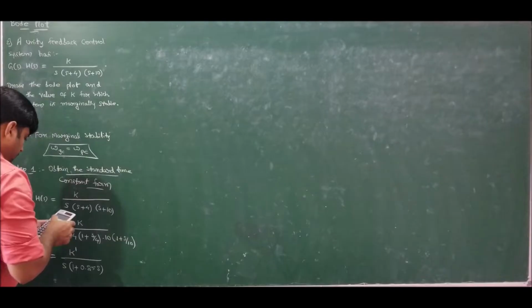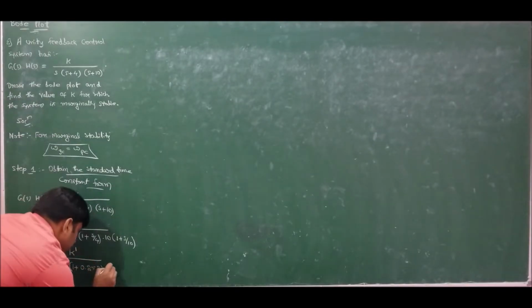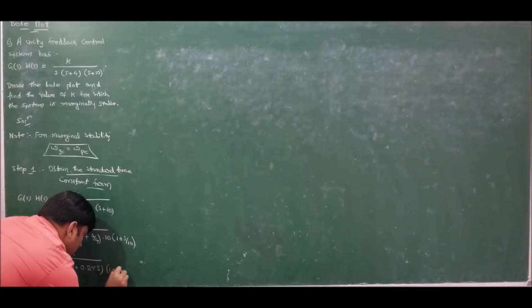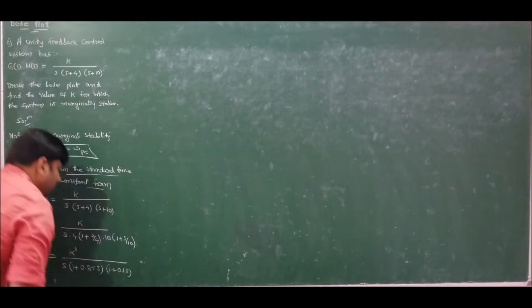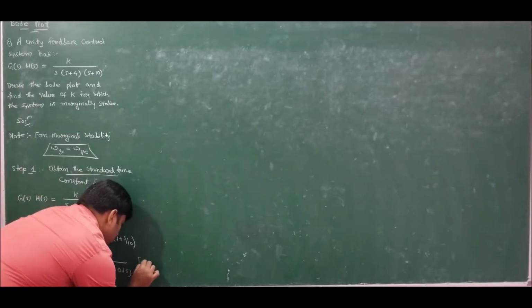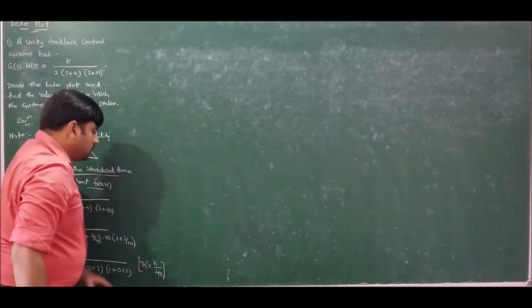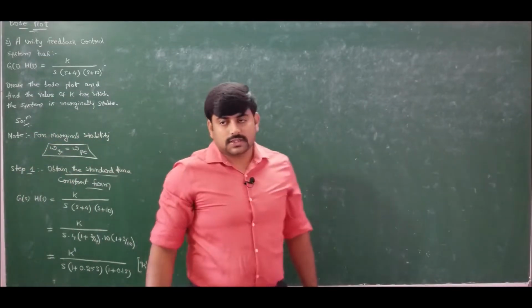And we have 1 by 10, that is 0.1 s, so 1 plus 0.1 s. So we obtained the time constant form where K dash is equal to actual K divided by 40. Keep that in mind.